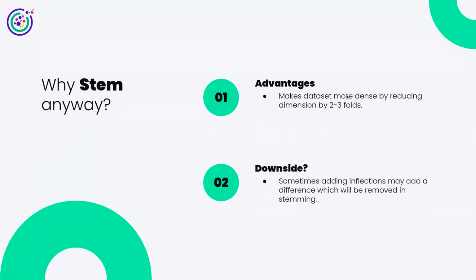So that's something to reduce the number of features. There might be some downsides, like when you stem, you may be removing some information from a word that may or may not prove helpful. But usually stemming performs really well, especially when it comes to ML, right?